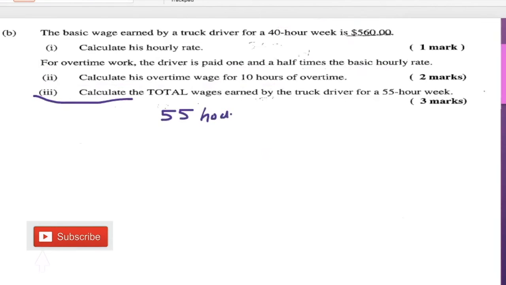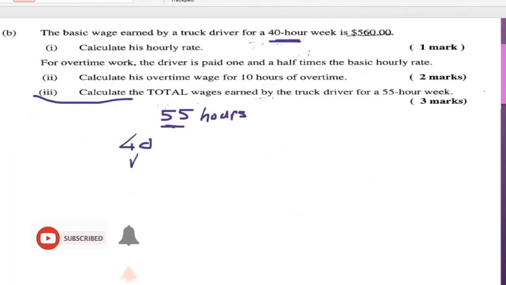Now this 55 hours doesn't mean that you will be paid at the overtime rate for 55 hours. No, you have your 40 hours. So when you work your 40 hours, you will be paid $560.